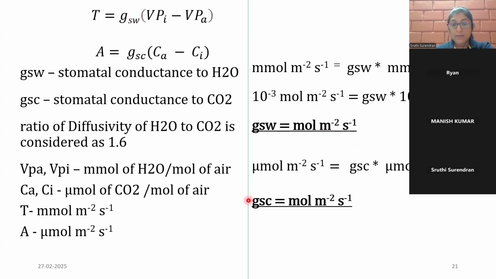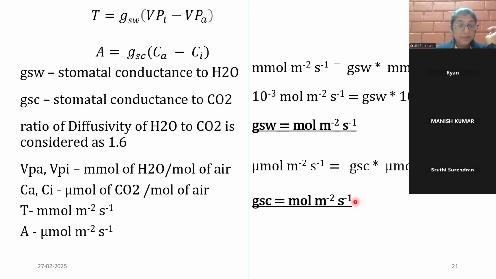Now, in the same way, if you calculate for assimilation also, the assimilation is expressed in terms of micromoles per meter square per second, and the concentration gradient is expressed in terms of micromoles per mole. So here also the micromole and the mole will get cancelled, and you will get the stomatal conductance to carbon dioxide also in terms of moles per meter square per second.